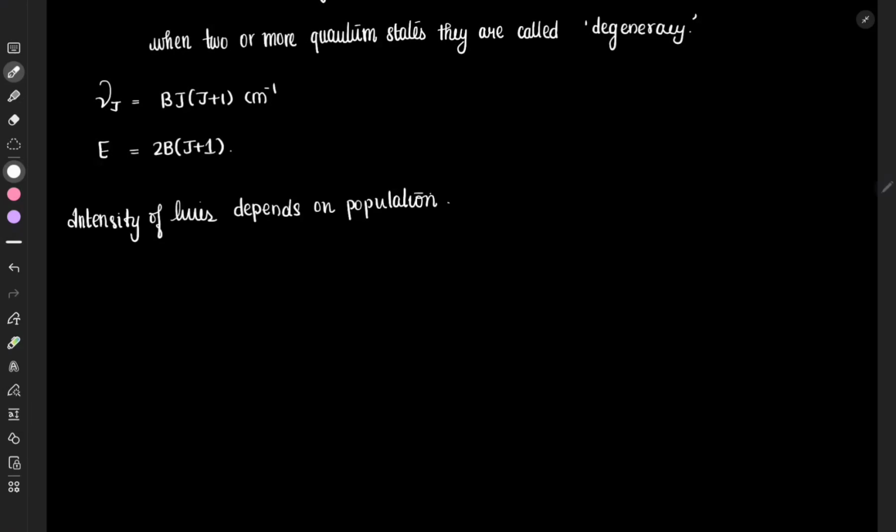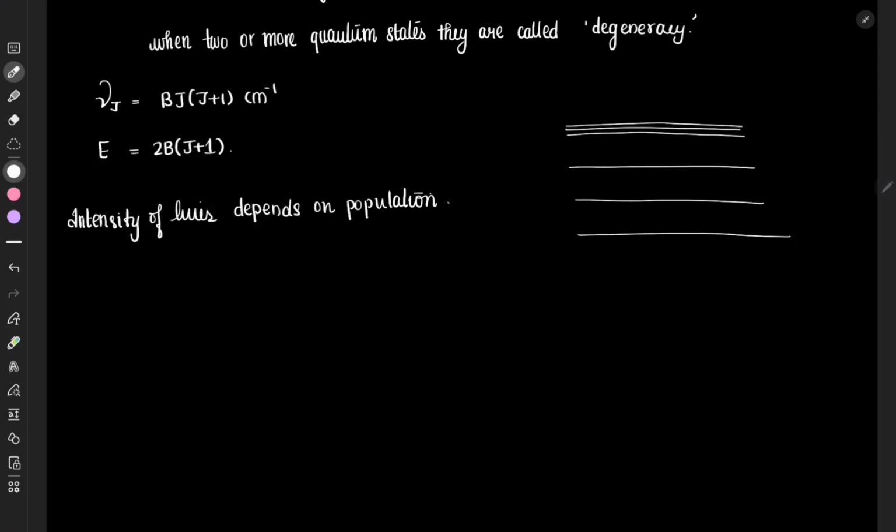So what I mean is that if there are different energy levels, some of these energy states might have the same energy, and the intensity of the line depends upon the population.